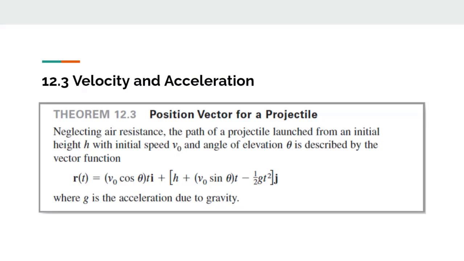What this is saying is if we have a projectile, it follows a parabola. So you have x being linear in t, and y being quadratic in t, so it's a parabola, and it opens either up or down.